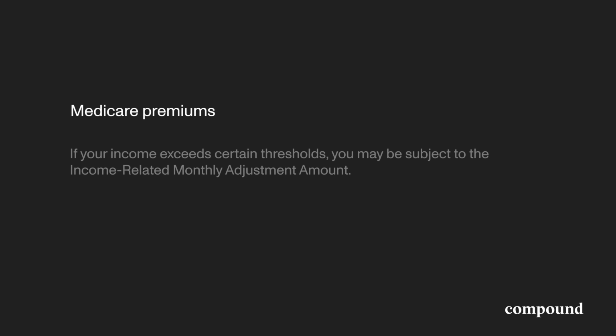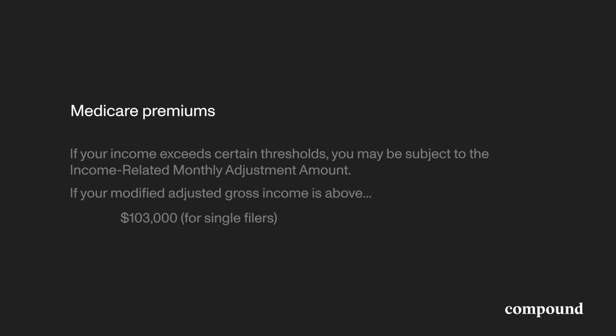If your income exceeds certain thresholds, you may be subject to the Income-Related Monthly Adjustment Amount, IRMAA. IRMAA is an extra charge added to your Medicare Part B and Part D premiums if your modified adjusted gross income is above a certain level, $103,000 for single filers or $206,000 for married couples filing jointly.